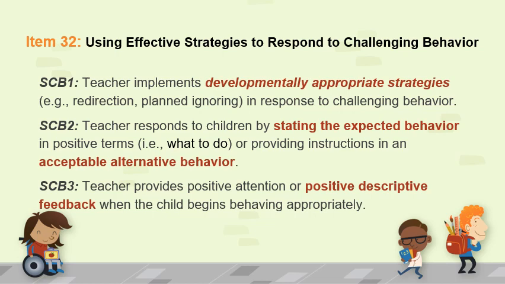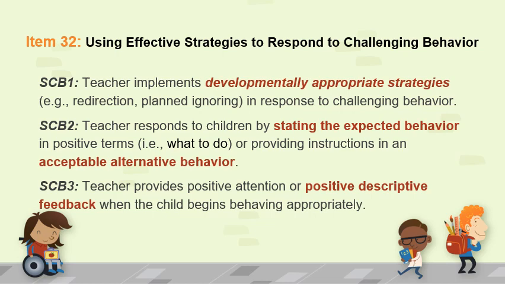Now, do you know why? Because she forgot to give the child positive feedback to let him know that he decided he wanted to play and he washed his hands in order to do so.